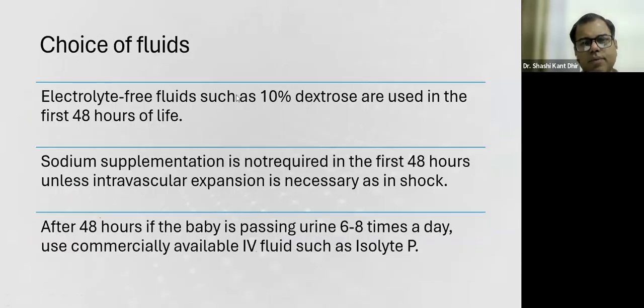Okay, another question to you. If you want to give 20 ml per hour, how many drops should we set in the micro drip set, in the pediatric drip set? Please write in the chat box. My question is, you want to give 20 ml per hour. So what should be the rate of fluid in the pediatric drip set?